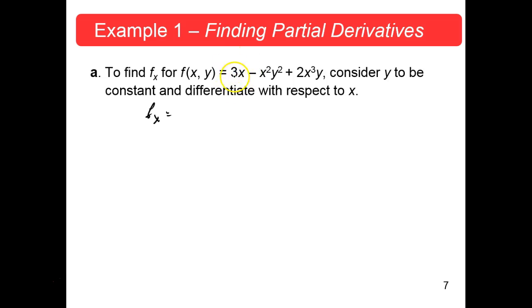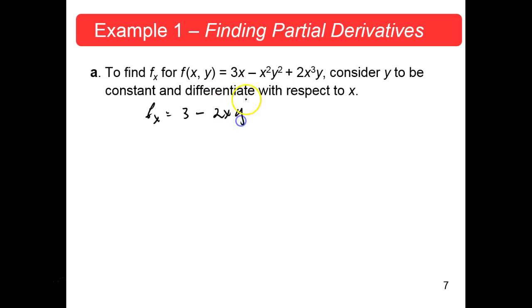Do it term by term. The partial of 3x with respect to x is 3. That's it for that one. Now this term: what's the partial with respect to x only of x squared y squared?